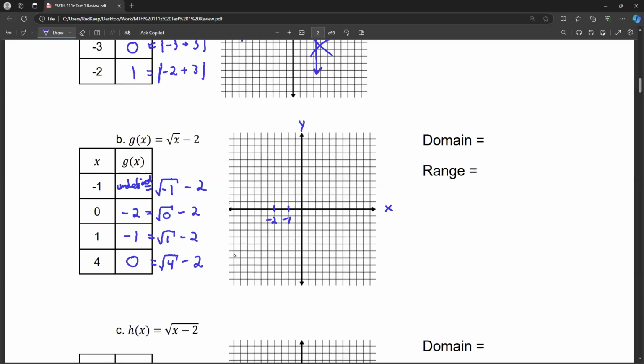And then let's go ahead in the right direction. Well, that wasn't quite there on that point. And there's 1, 2, 3, and 4. 4 is the largest x value that we're plugging in. Okay, and so the outputs, it looks like they range from -2 to 0.